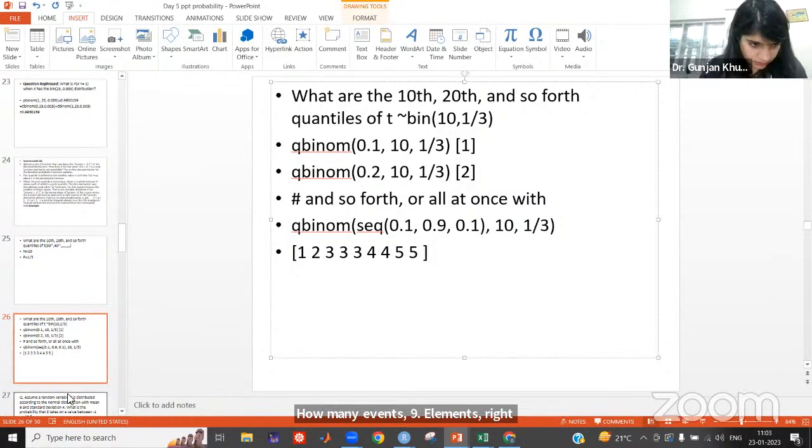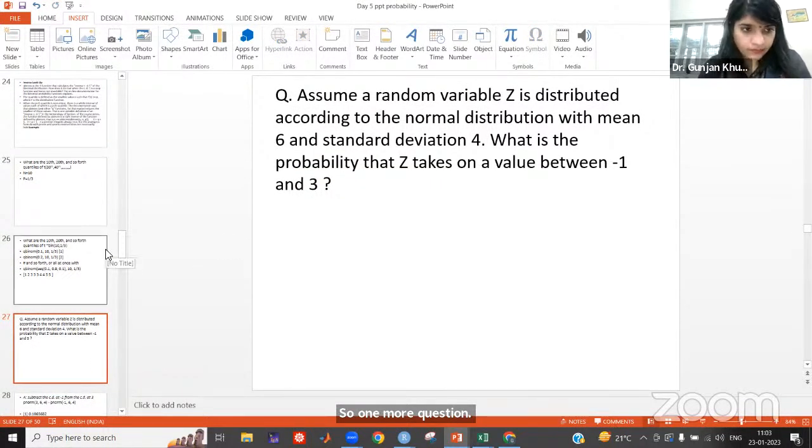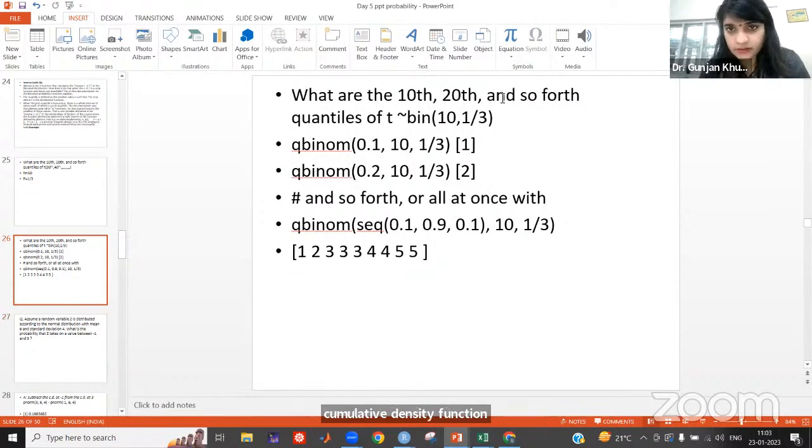Okay. So one more question. This is giving me the idea of the inverse of the cumulative distribution function. Yes, it is giving you the 10th, 20th, 30th, 40th, 50th, 60th quantiles. What is the significance, where can I use this function?